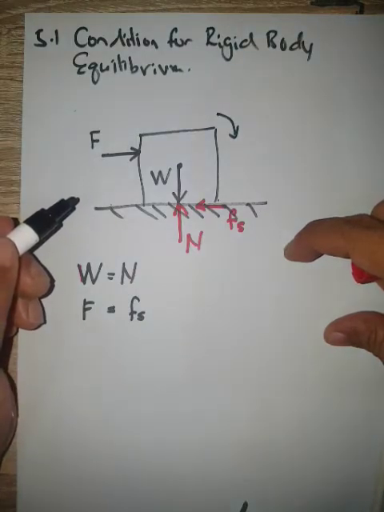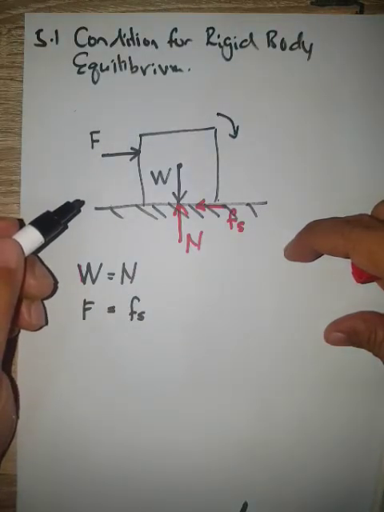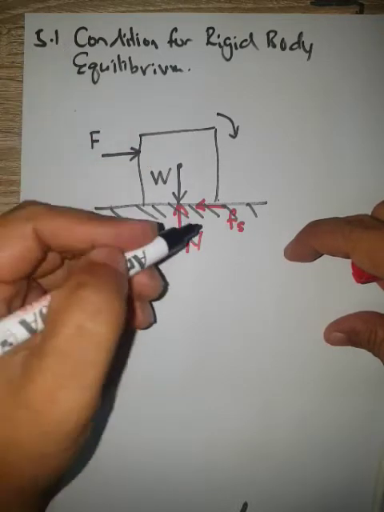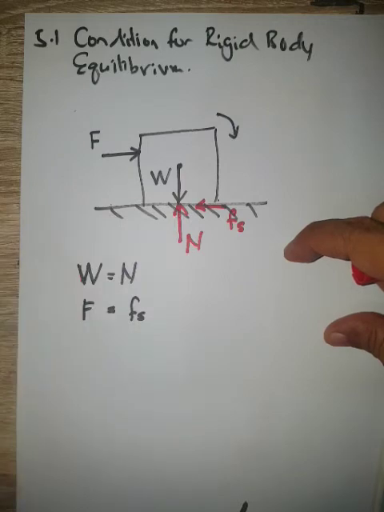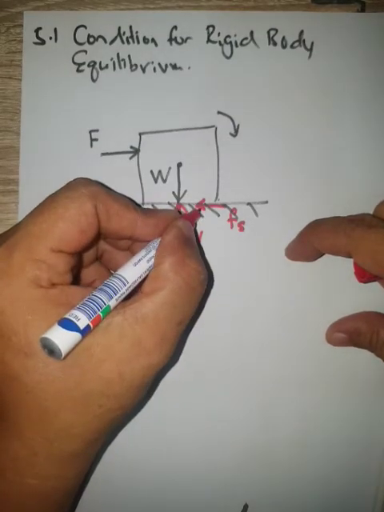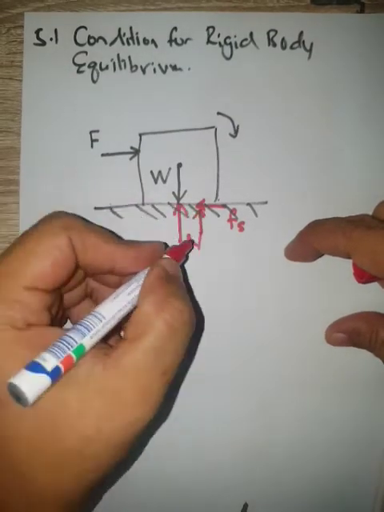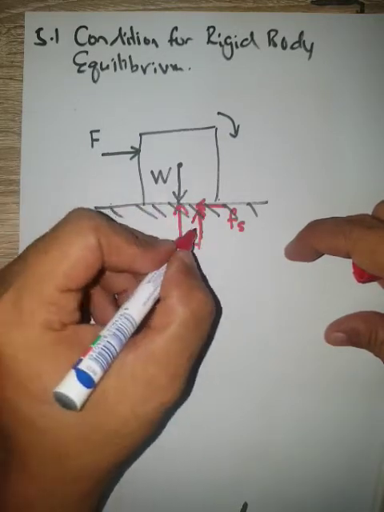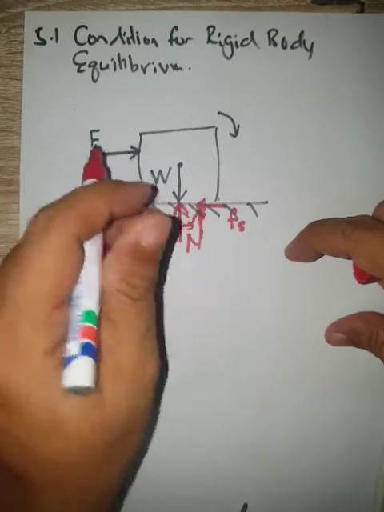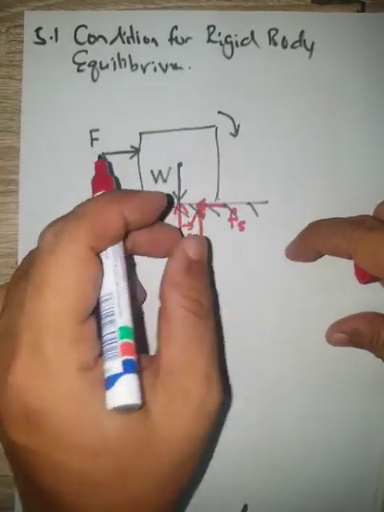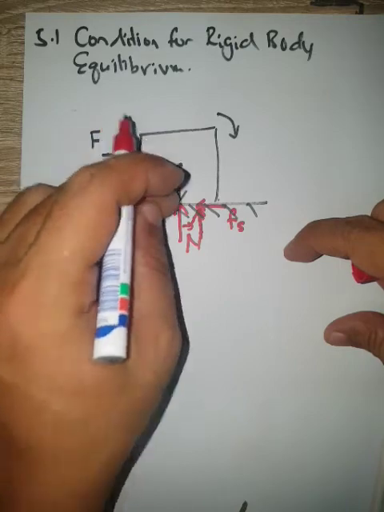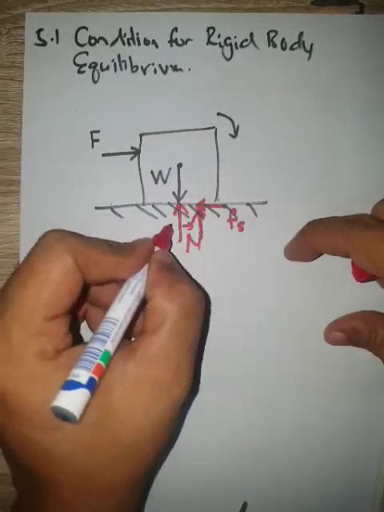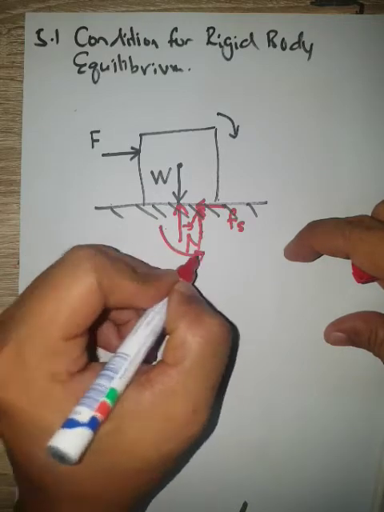So does it actually rotate? No. Because if we exert the force F here, the normal force will slightly move to the right, and then we can see between N and W there is also a gap, and that means W and N also produce a moment, but counterclockwise.